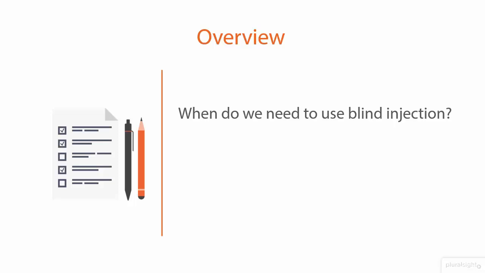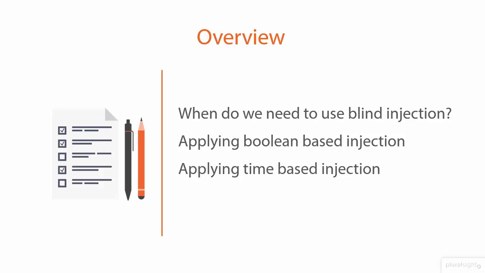Now, once we start looking at blind injection, I want to start by looking at Boolean-based injection. And if you recall from earlier on in the course, there are two different types of blind injection. So Boolean being one of them, very simple yes-no sort of scenarios, and the other one being time-based injection.